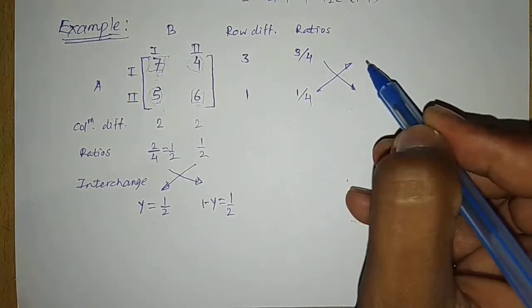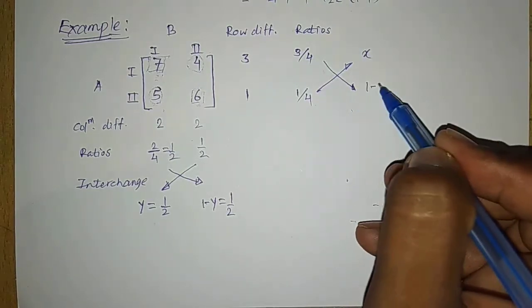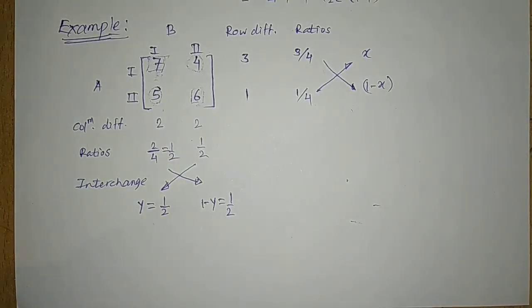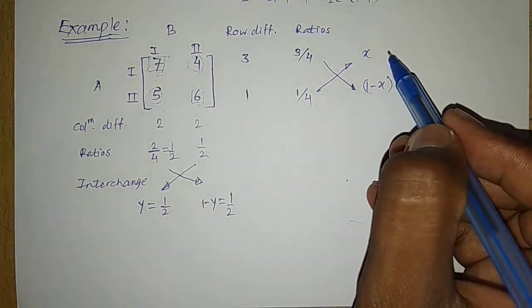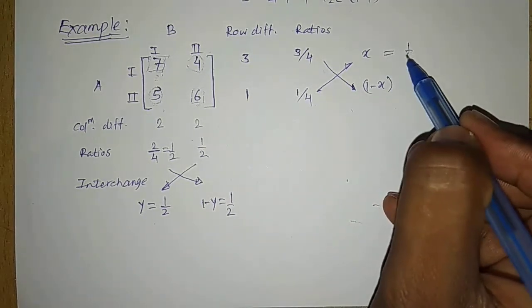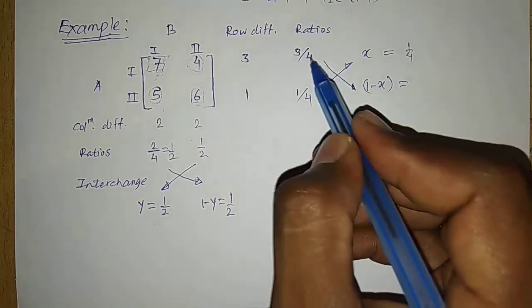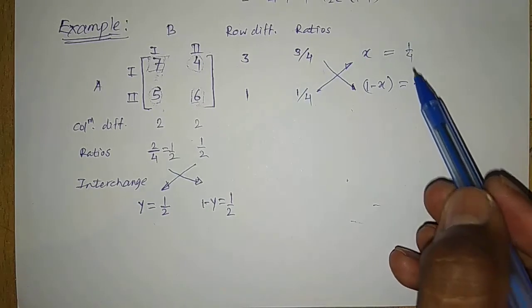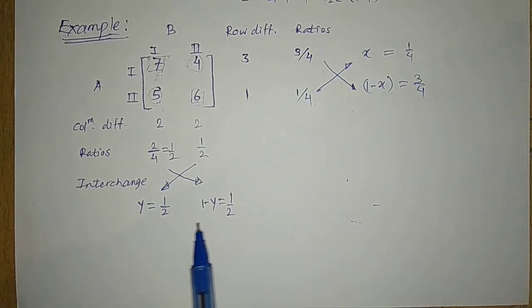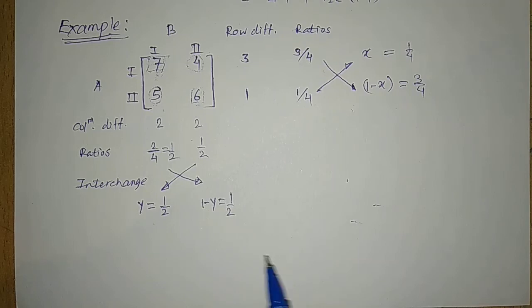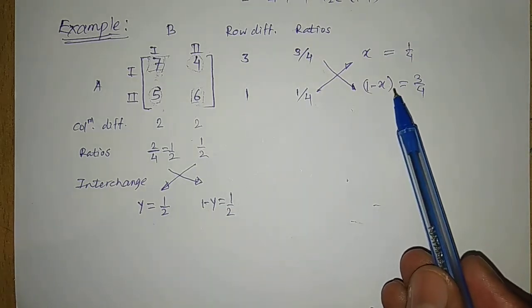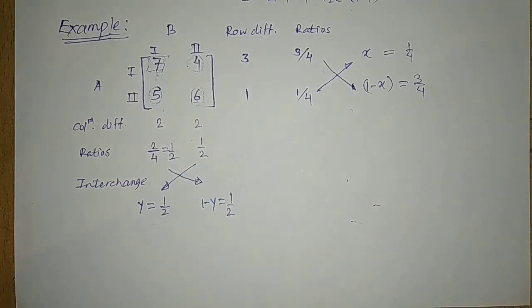We get the values of x and 1 minus x for player A. These are the probabilities. The probability here will be 1 by 4, and this ratio will be 3 by 4. If you observe, the sum of probabilities is 1. Similarly here the sum of probabilities is 1. This is the way we can calculate the probabilities for each of the strategies for each player.